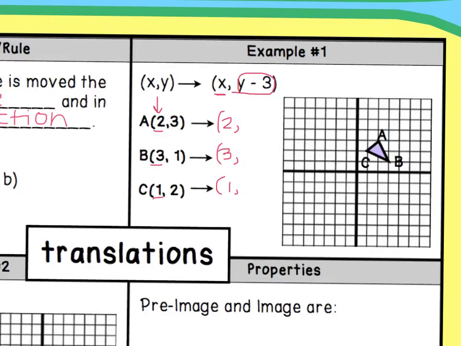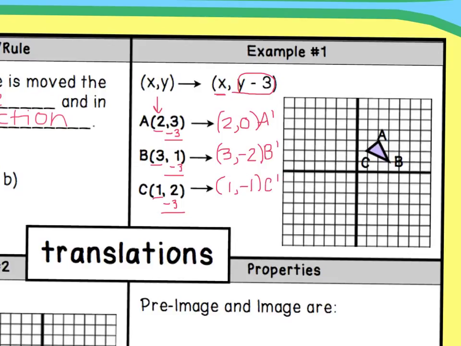So if I have this 3, I subtract 3, it should be 2 with 0. If I do 1 minus 3, it should be a -2. If I do 2 minus 3, it should be a negative 1. So this would be A prime, B prime, and C prime.